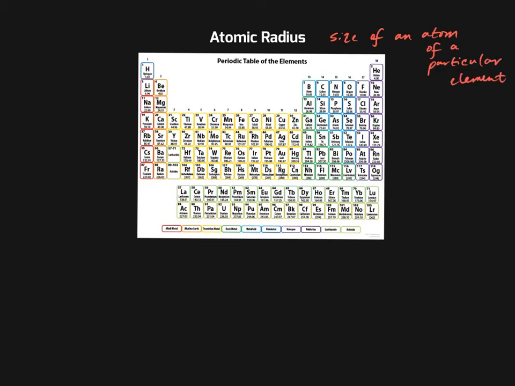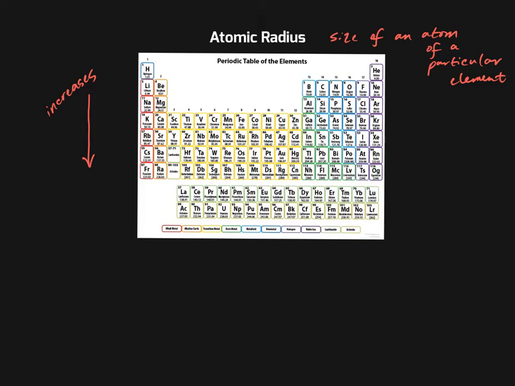Okay, and we came up with a trend here. First is if we move down a group, we said that the atomic radius increases. Okay, now why is that? Why does it increase as we move down a group or move down the periodic table?